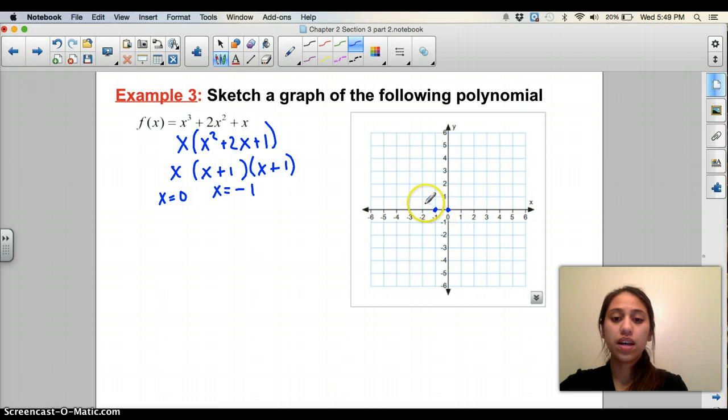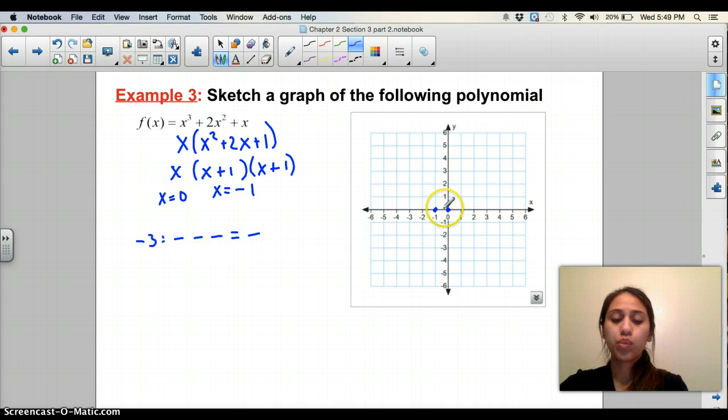Continue with our sign test. So for a value over here, we can go ahead and pick -3. Testing it in here, -3 is a negative, -3 plus 1 is a negative, and -3 plus 1 is a negative. So 3 negatives is a negative.